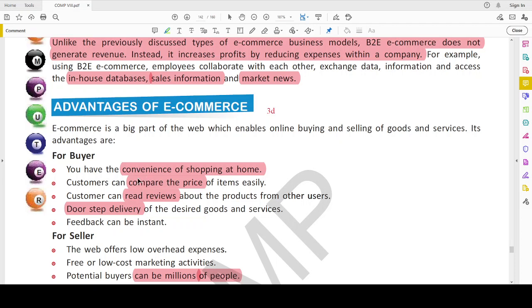There is no option to read the reviews of the products, but here you get the option to get reviews about the products from other users.